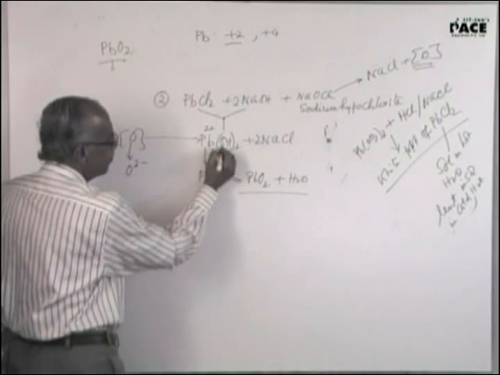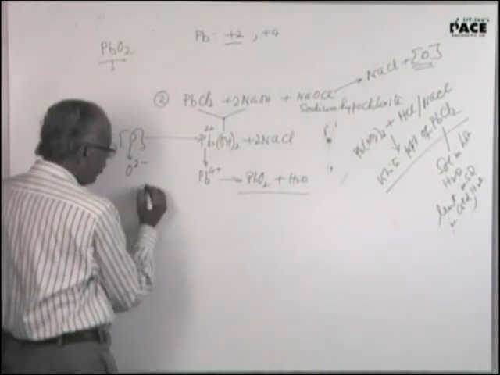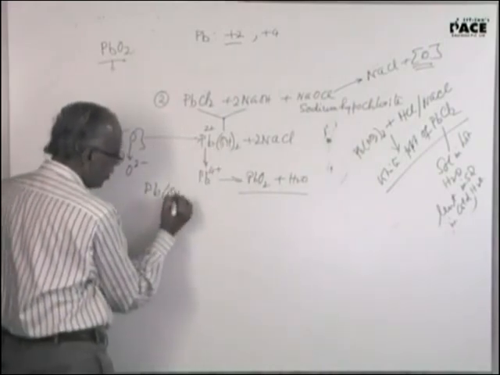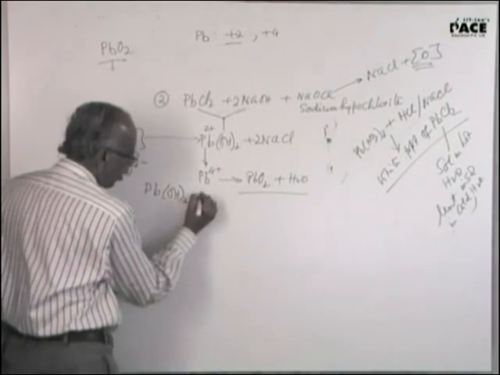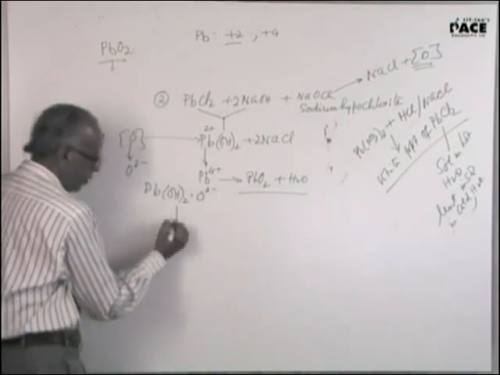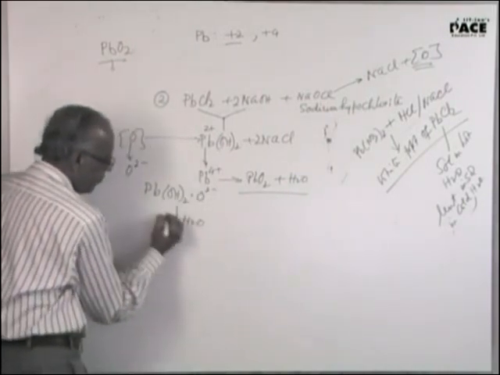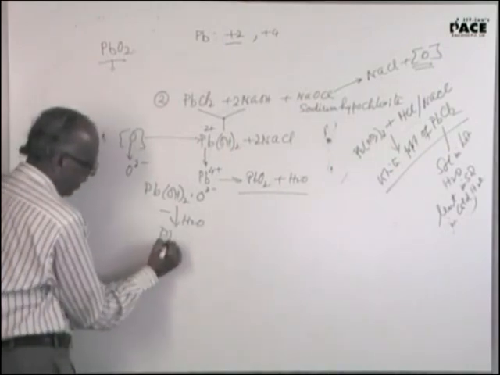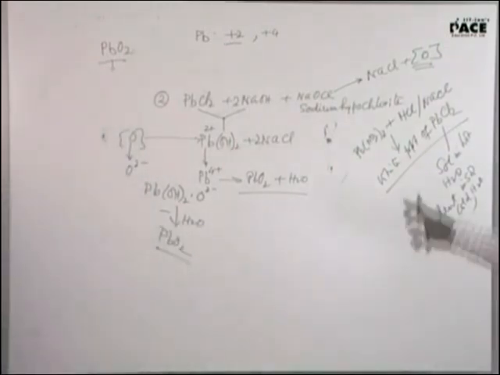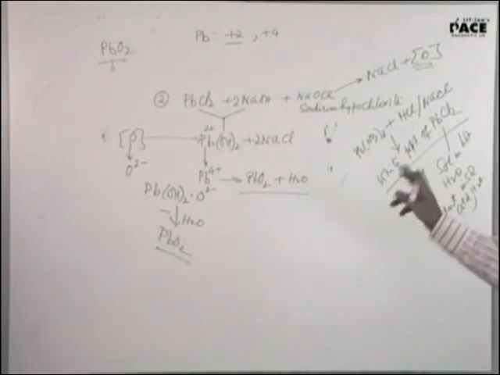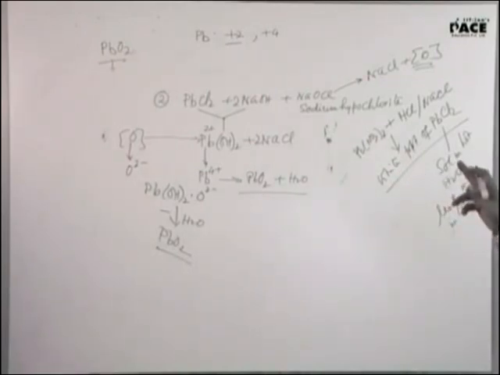So you have Pb(OH)2 and oxide ion. Remove a molecule of water, you get lead dioxide. You have Pb(OH)2 plus O. If you remove a molecule of water, what is left behind?